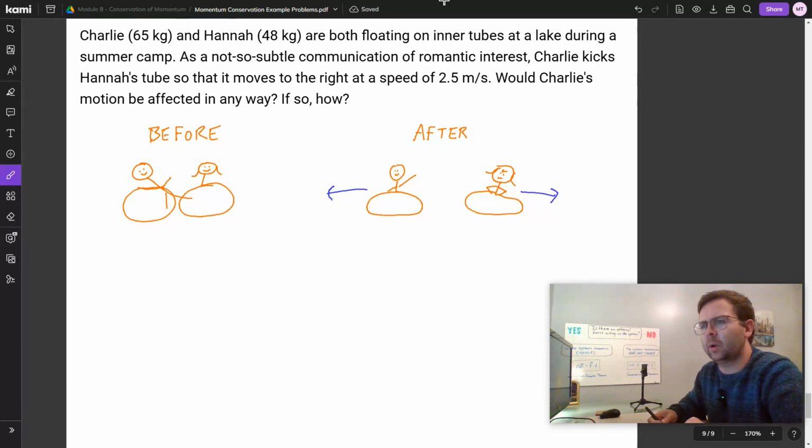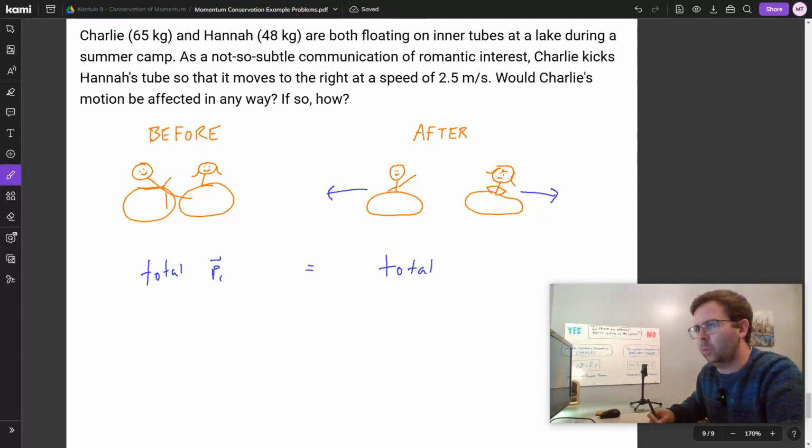And then we're going to write our equation for momentum conservation, which basically just says that the momentum of the system doesn't change. So whatever momentum you start with, I'll say total initial momentum here, will be equal to the momentum that you end with because it doesn't go away.